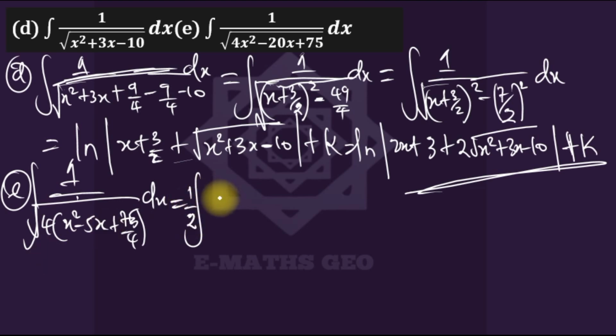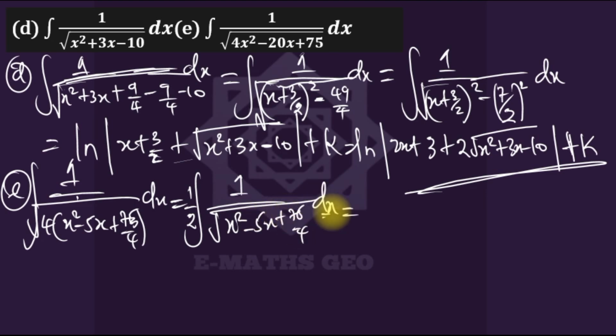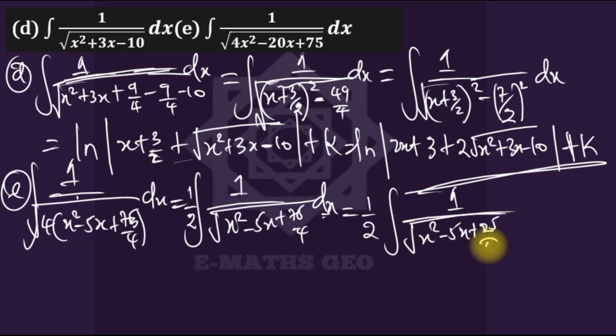That's 1 over 2 of 1 over the square root of x squared minus 5x plus 75 over 4 dx. And we can write this as making this a perfect square, so which is x squared minus 5x. We always add 25 over 4 to make it a perfect square, but we need to subtract it back to avoid changing the equation, plus 75 over 4 dx.